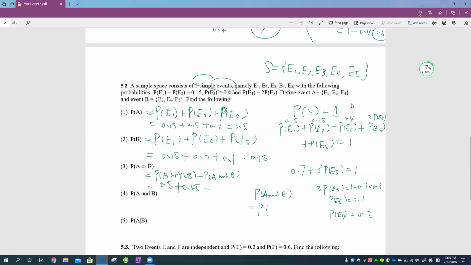A consists of E1, E2, E4, B consists of E2, E4, E5. What is the overlap? That is A and B. So probability of E2 and probability of E4.